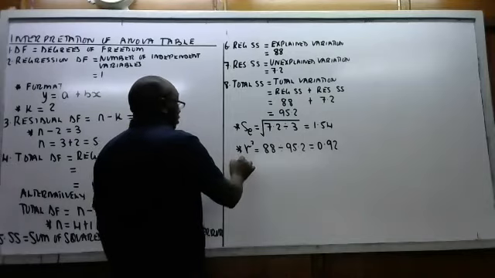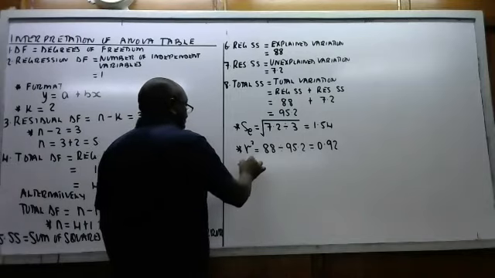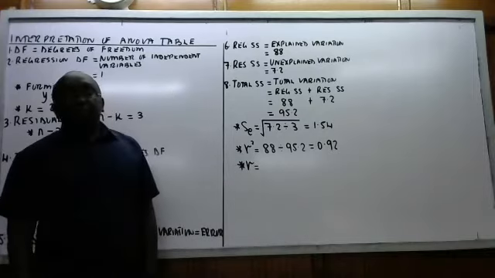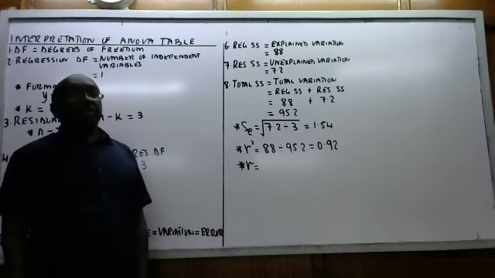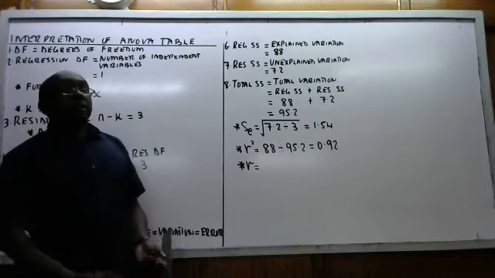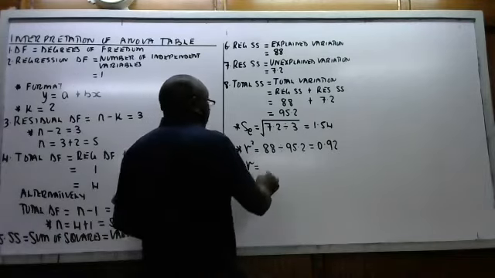Go back to your notes and tell me what is the formula of R, the correlation coefficient. It's the square root of R squared.